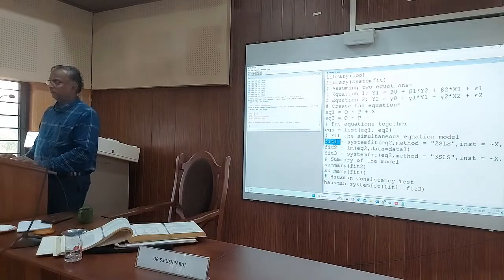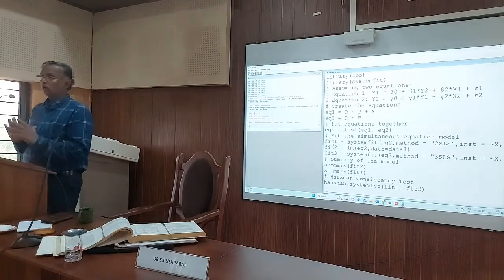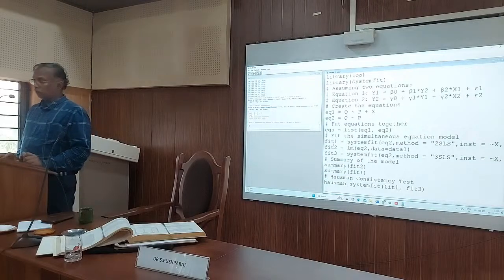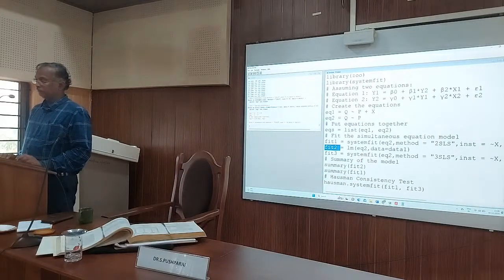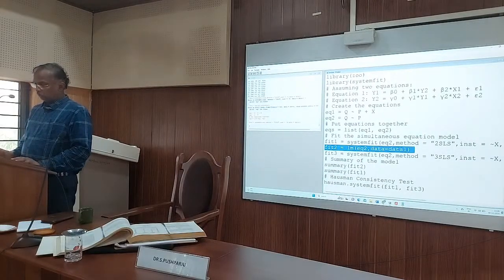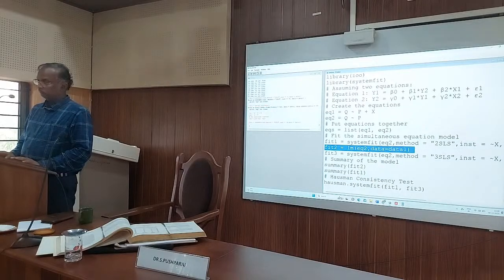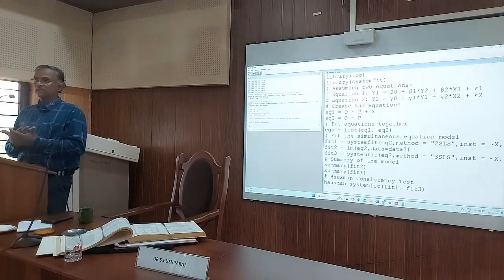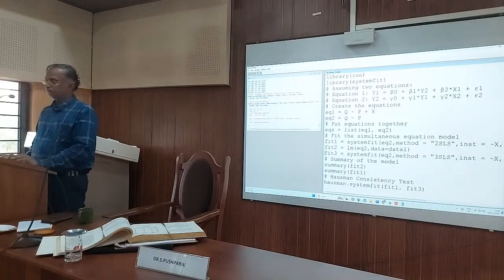I want to compare this result with the OLS model, right? So I am just running the OLS model also for the same. For equation 2, I am running the OLS also. Now I can compare the 2SLS with OLS.